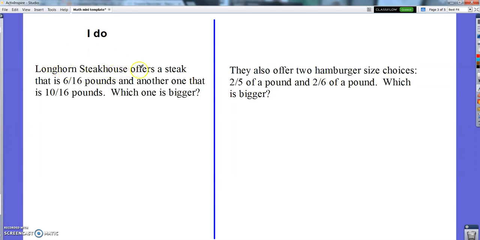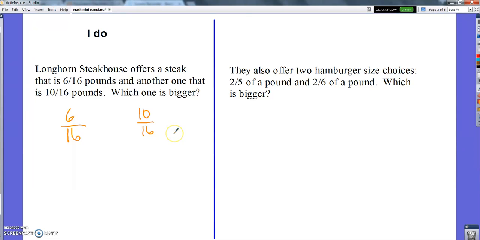Longhorn Steakhouse. They offer a steak that is 6/16 pounds and another one that is 10/16 pounds. Which one is bigger? I don't want you to feel like if you get a question like this and you say, alright, which fraction is greater, 6/16 or 10/16?